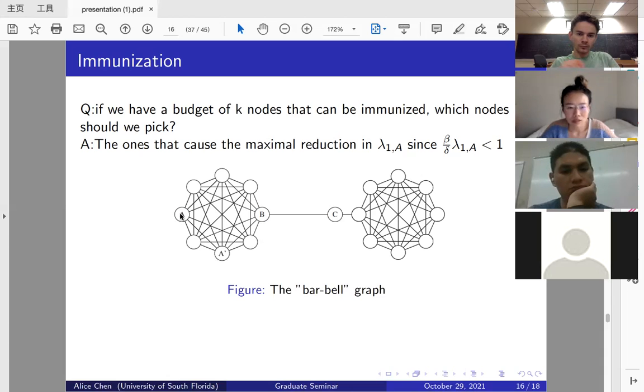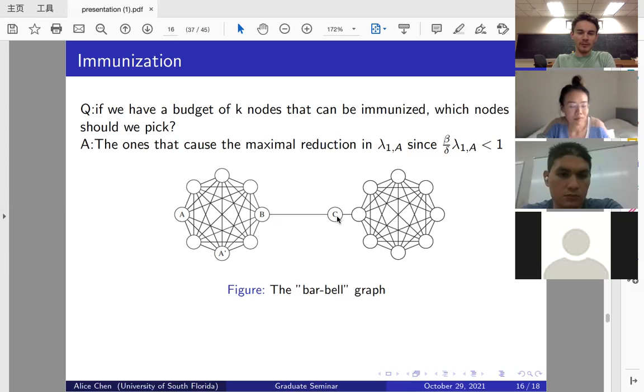You can consider the degree of A, for example, 2, 3, 4, 5, 6, and similar things for A prime. B might be more, like 1, 2, 3, 4, 5, 6, 7. C only has 2 degrees. So guess which one you want to pick to immunize, I mean, to get rid of this graph.